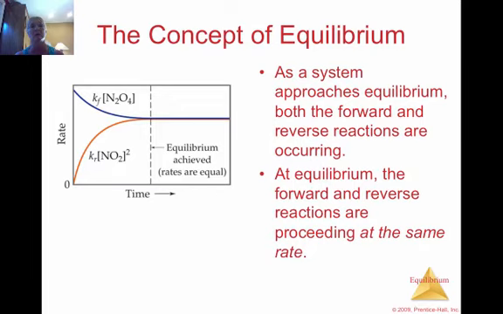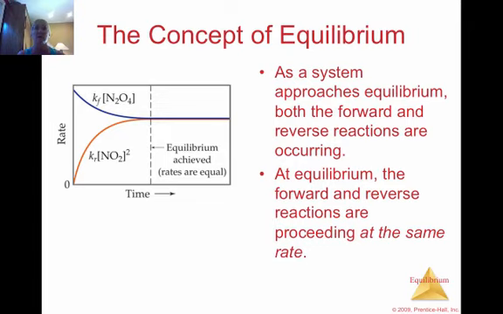And the reason why I use the word dynamic is that you can't think of these reactions as actually stopping. Left to right, N2O4 turning into brown NO2 is occurring. Right to left, NO2 turning back into N2O4, which is clear, is also occurring. But because they're happening at equal and yet opposite rates, it seems to appear that no further change is taking place.